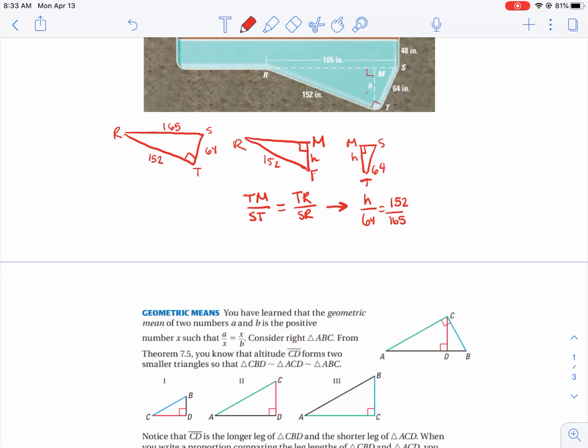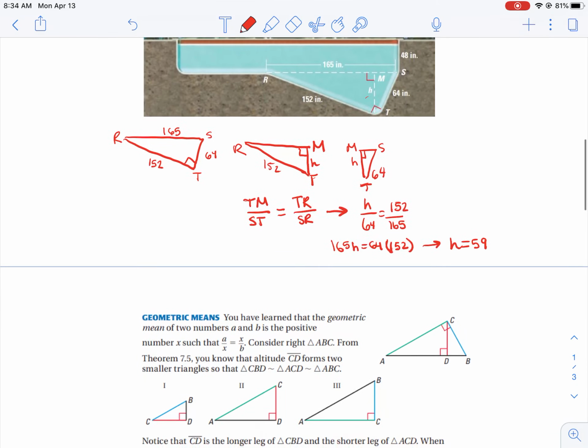So if I do my cross product then, I have 165h equals 64 times 152. And if you multiply that out and then you do your division, you should get that h equals 59. So then our diagram above, you can see that the maximum depth of the pool is h plus 48.